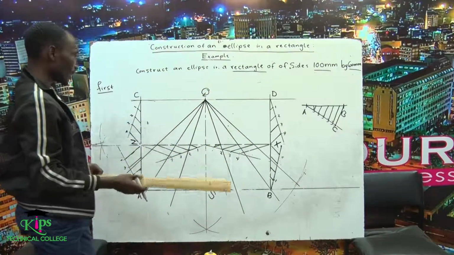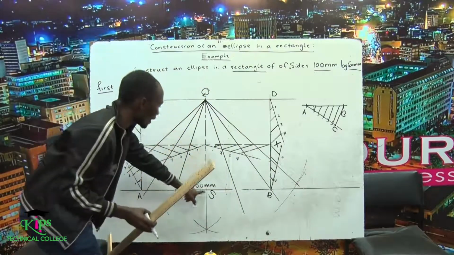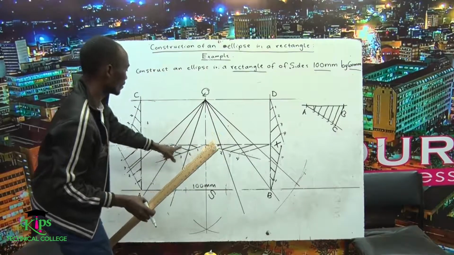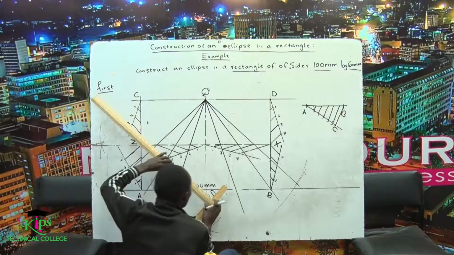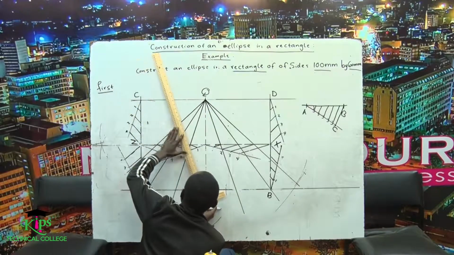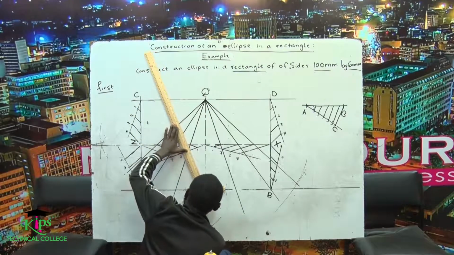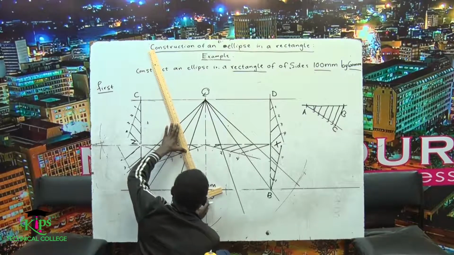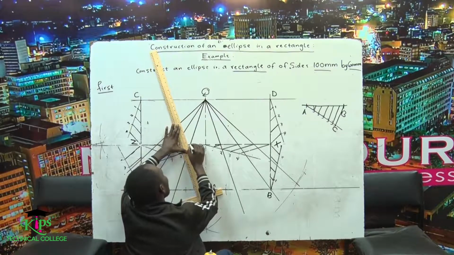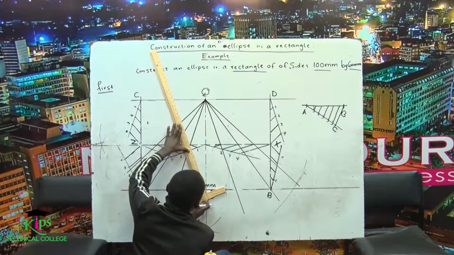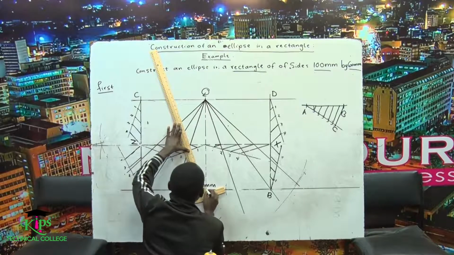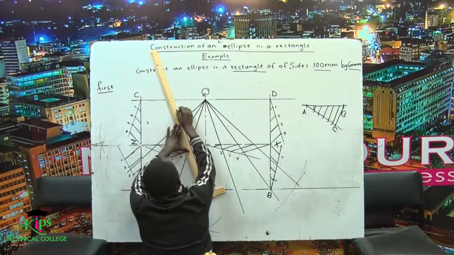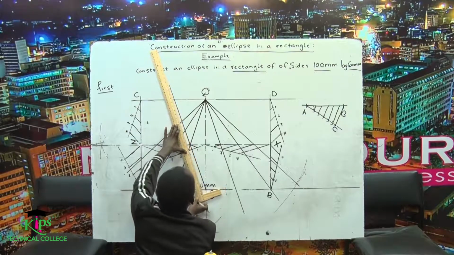Then we will draw others, now starting from point S to pass through the same points. So let's start with this direction. From S to this point. Like that.